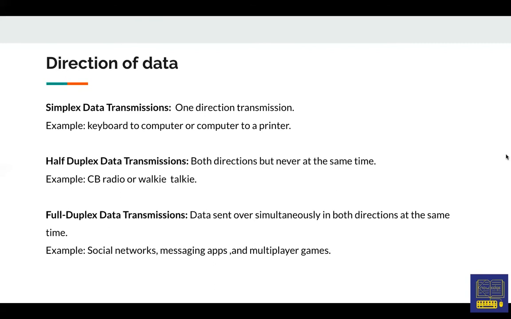You don't have to wait for the other person to finish sending what they're typing or writing, or whatever they want to communicate, before you send your own data. That is what we mean by duplex data transmission, because both of you can simultaneously send data. So those were the types of data transmission when it comes to direction of data.